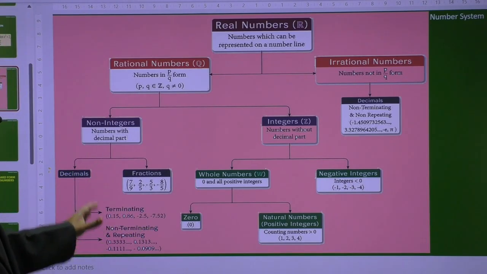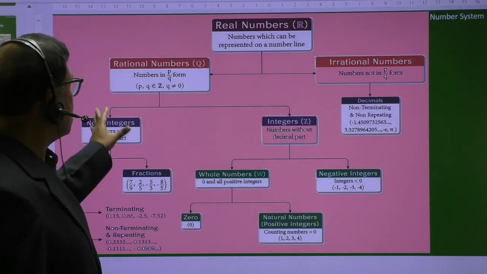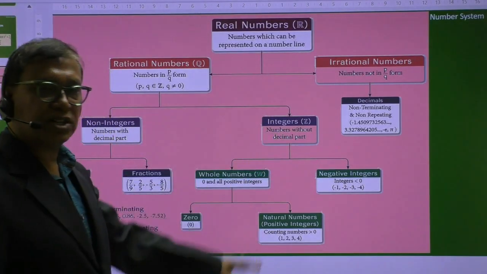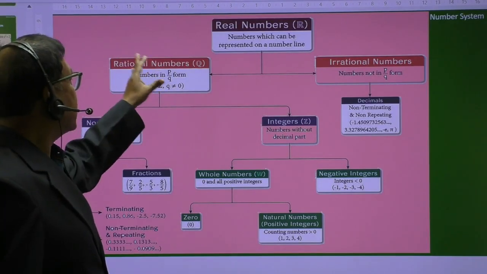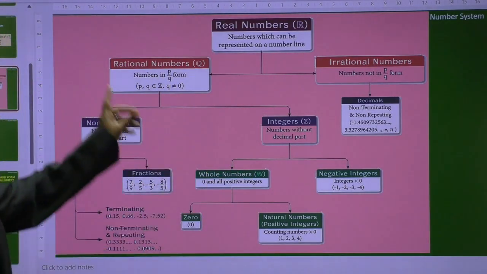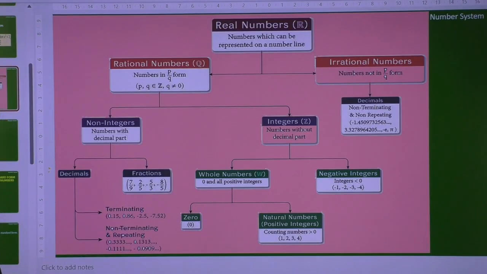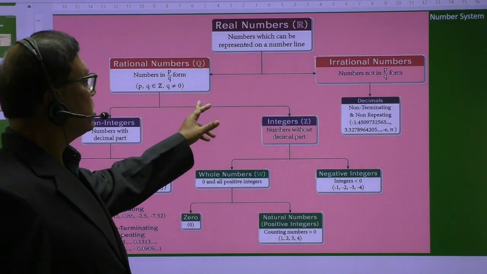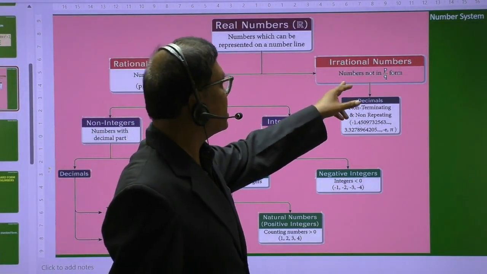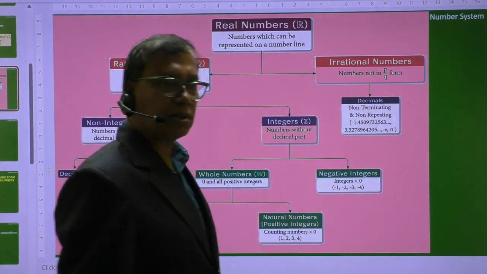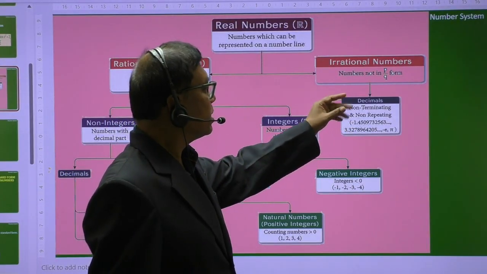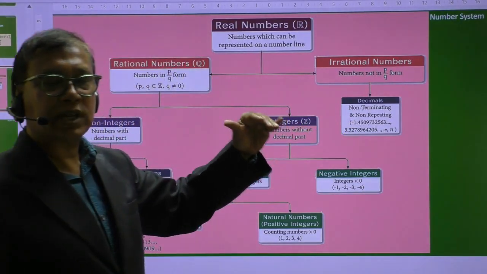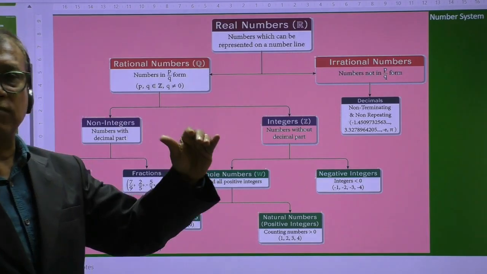Clear? So now if we combine these non-integers and integers, then we are getting a new number system that is called rational numbers. Is it clear? Again see in this chart another number, that is irrational numbers also. Irrational numbers which cannot be expressed in the form of p by q.